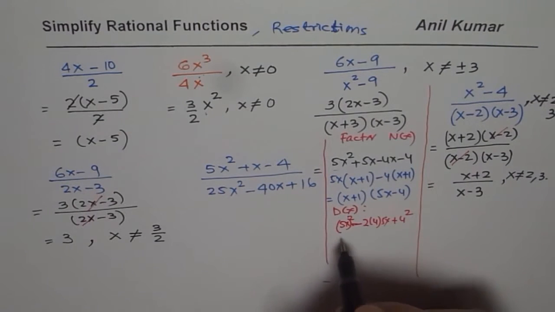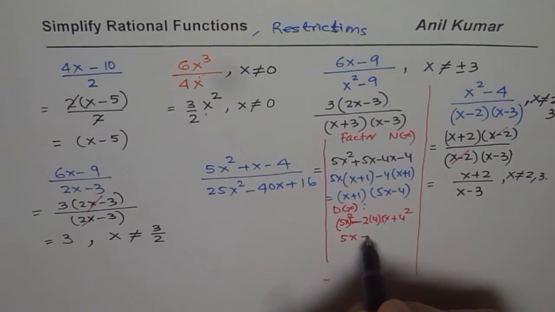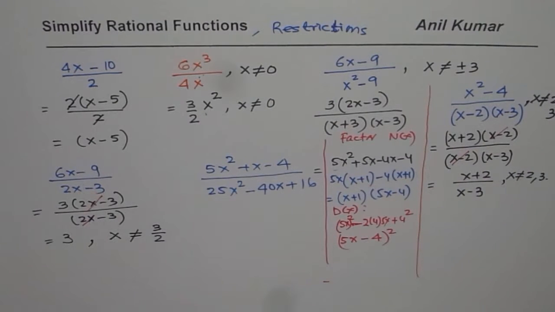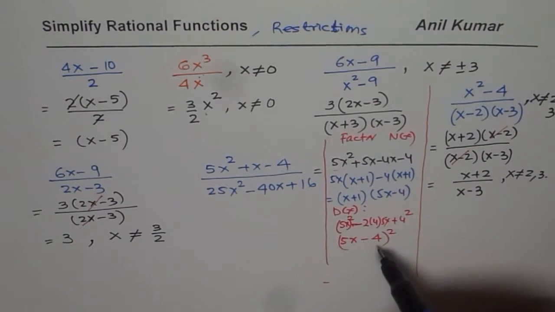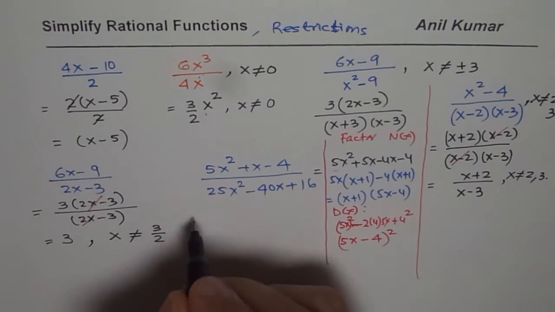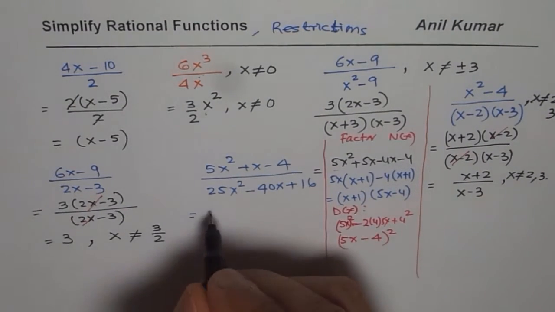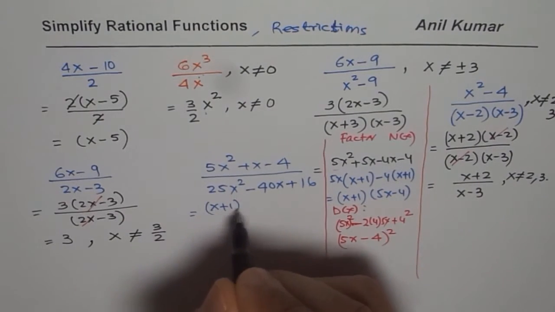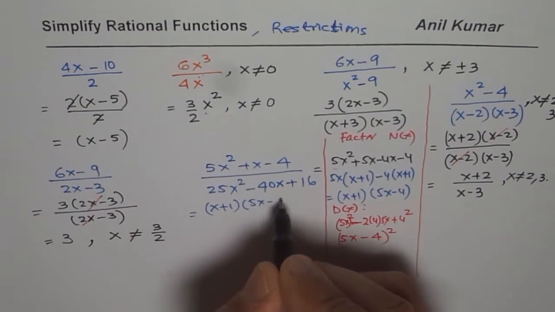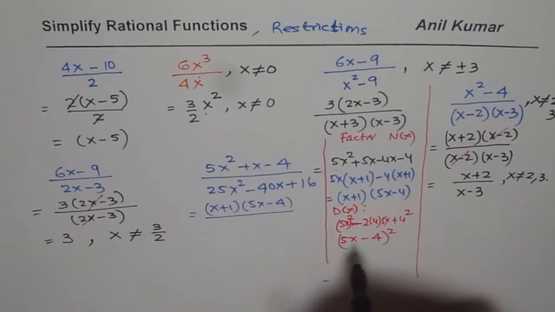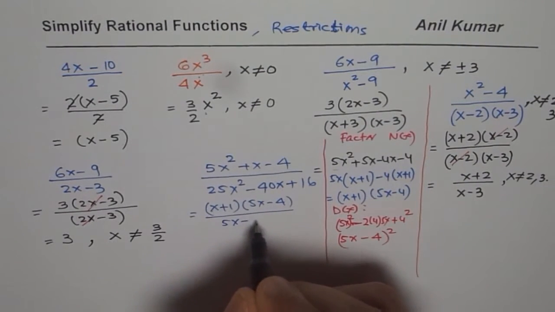So we could write this as 5x minus 4 whole square. So that's the denominator, correct? So once we do this factoring, then we can write the rational function as the numerator x plus 1 times 5x minus 4, and the denominator is 5x minus 4 whole square.